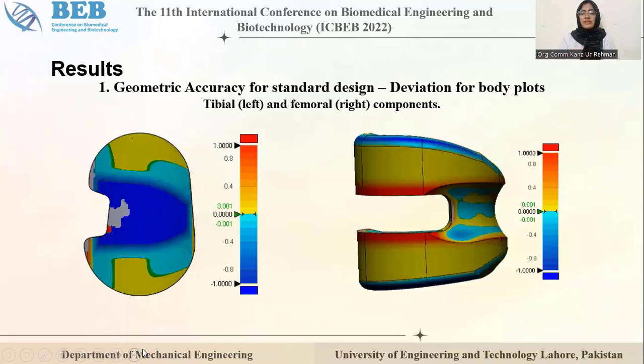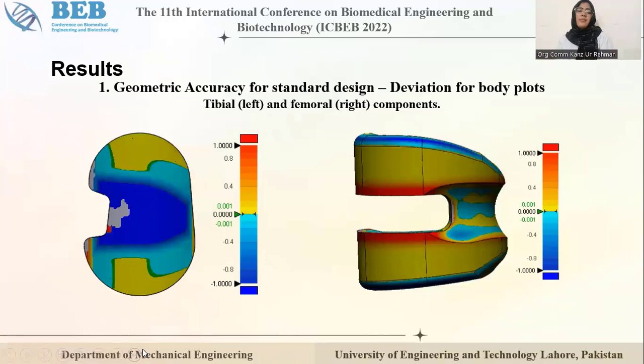So we can see that this initial result talks about the geometric accuracy of the reverse engineering that we did. This is something that was not really done before. While there were researchers that talked about generating accurate TKR designs by reverse engineering, there was no quantification of total knee replacements and the accuracy of the reverse engineering that was done in the computational models.